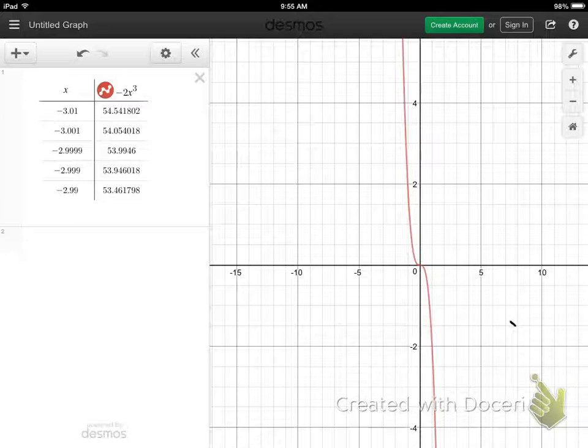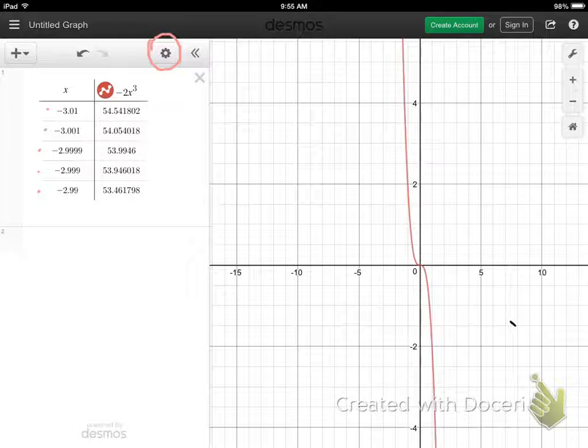So I typed in -2x cubed, and then I clicked, remember to get the table, you click this gear kind of thing, and then push the table, and then I just inputted the values that they gave me in the problem. So when I put those values in, here's the y's that they gave me, and they said to round to 4 decimal places.